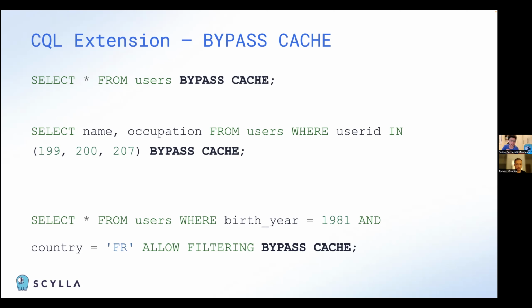To prevent this situation altogether, ScyllaDB extended the CQL protocol with the bypass cache extension. What it does, in simple terms, is hint to the database that it should not populate its cache with the items it reads as a result of your query, therefore preventing invalidating important records.